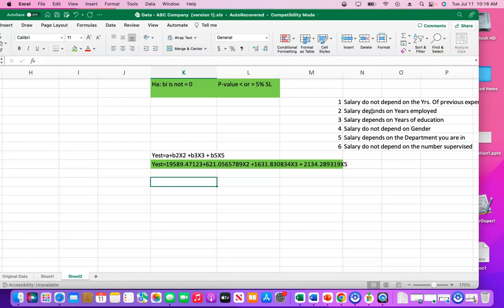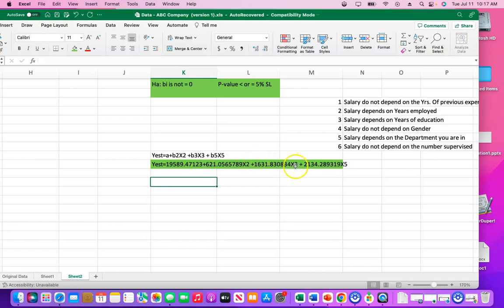Holding other factors constant, holding X3 and X5 constant. So we will say that your estimated salary will increase, because here we have plus or positive. So your salary will increase by 621.0565789 dollars.